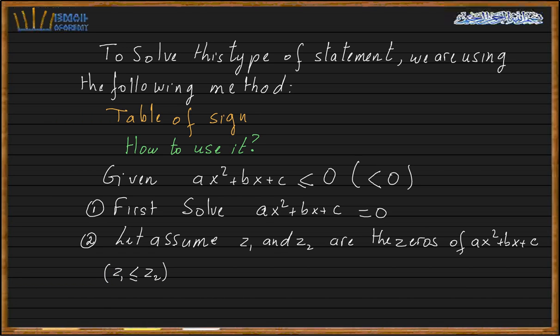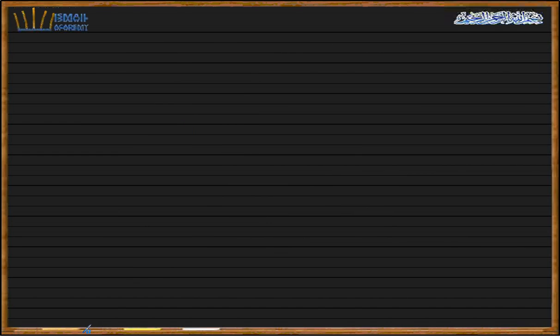Then after that, you draw a table. The table has two types, but they are the same concept. The only difference is the type of inequality you are using. The first case is used for this type of inequality.